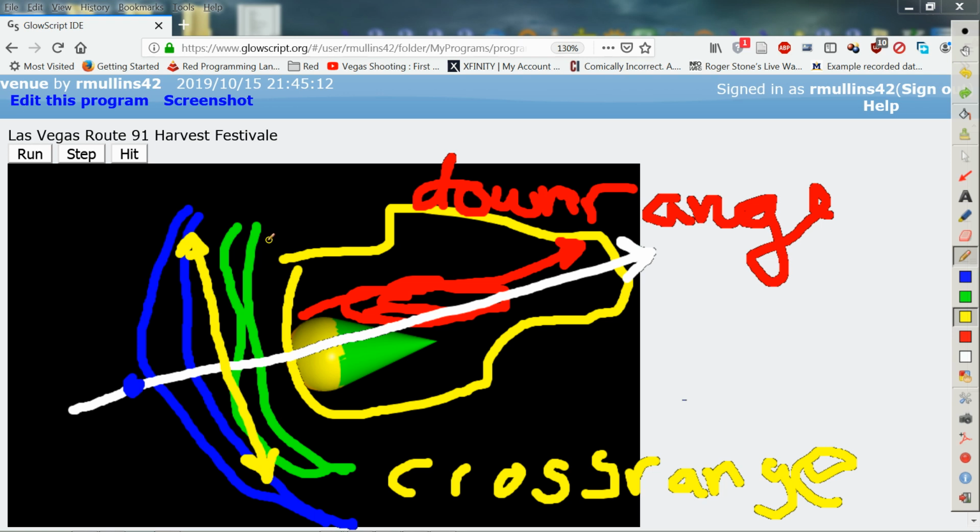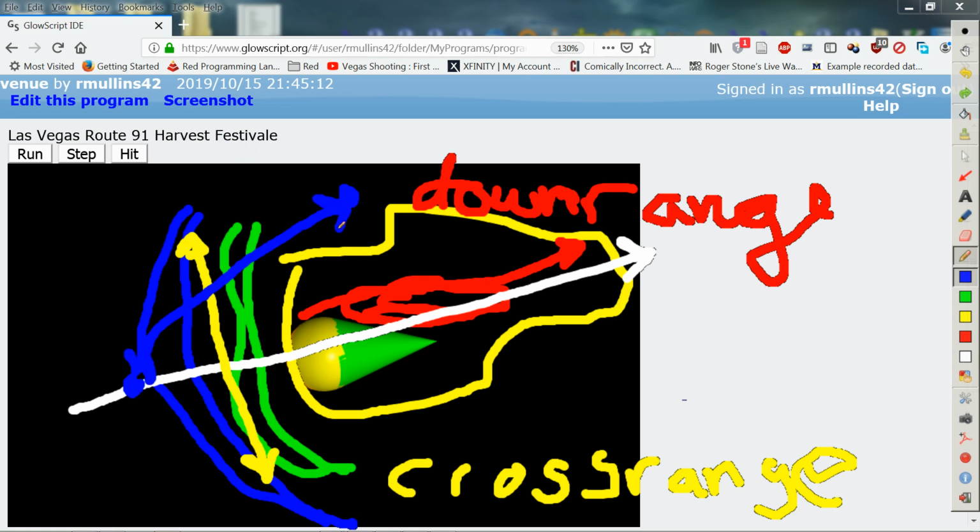But in general, the further away from the path of the bullet you are, that is, the larger the cross range distance, or miss distance as it's sometimes called, the less the lag, because of the distance. I guess I'll do it with blue. If we pick a point out here somewhere, then the distance for the muzzle blast to travel is that distance.